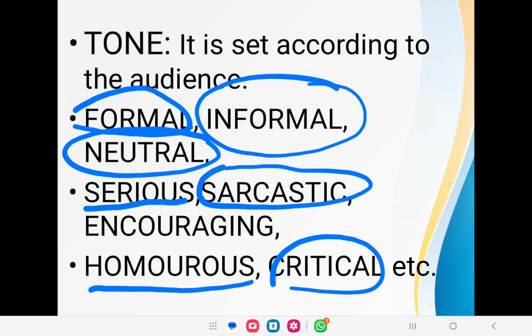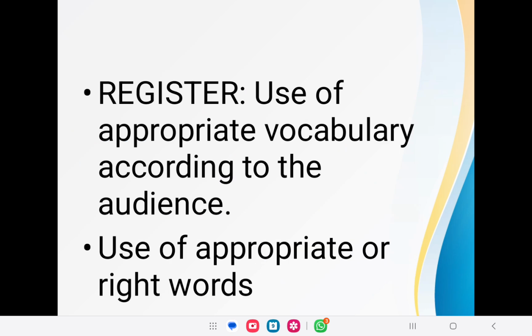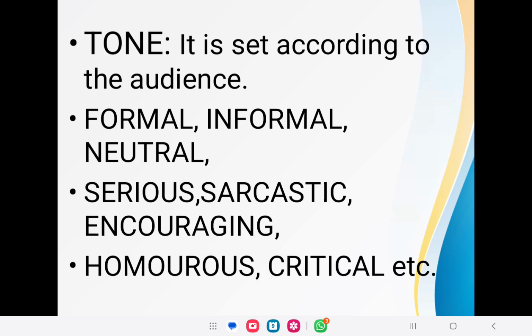Next thing, the fourth one is register. But register is a bit tricky. That's why I want to deal with it in a separate video. So as far as directed writing tasks are concerned, there are four things that you must keep in your mind: audience, purpose, tone, and the fourth thing is register.